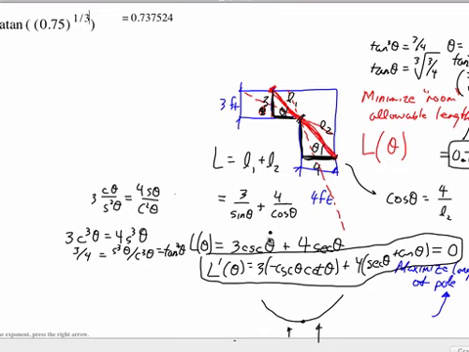Okay? And so then what is the maximum length pole we can take? Well, it corresponds to the minimum length that's available. So here's our length function. To find it, we could do 3 over sine of 0.738. Why am I doing this? I have a graphing calculator.